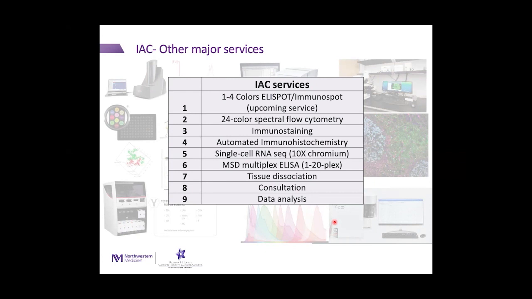If you have used our Vectra platform, you already know that. Then we have single-cell RNA-seq platform from 10x Chromium. Then we have MSD multiplex ELISA that can go up to 20-plex. And then tissue dissociation, obviously we have a lot of consultation and suggestion and recommendations. And then we do data analysis for a lot of our services.